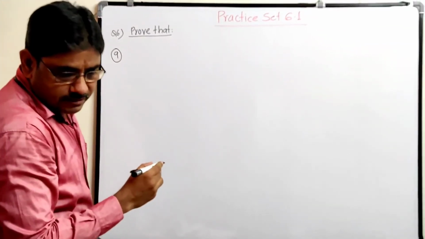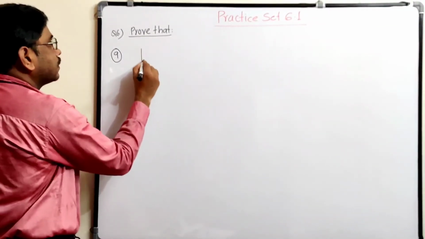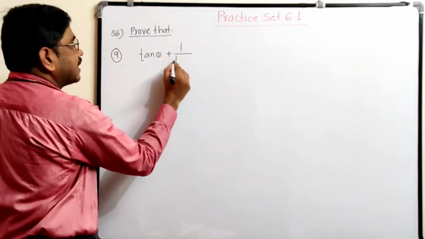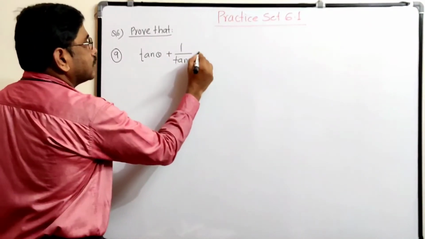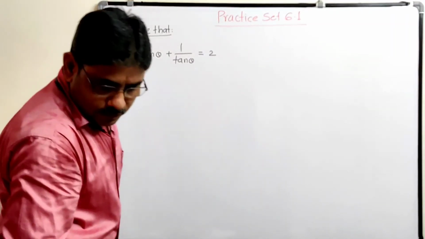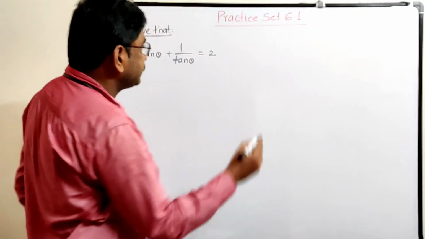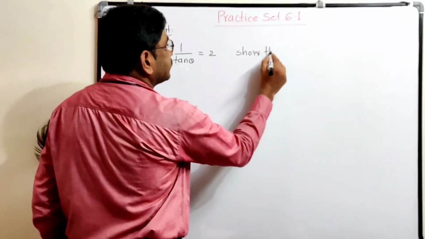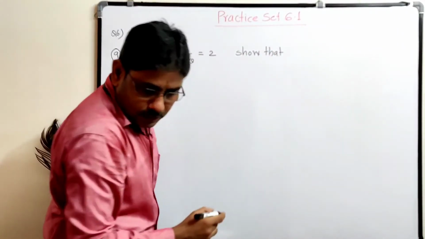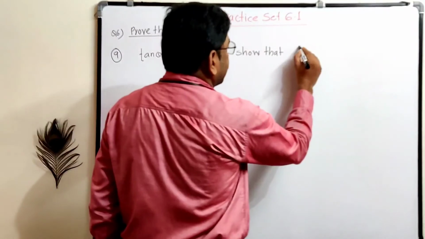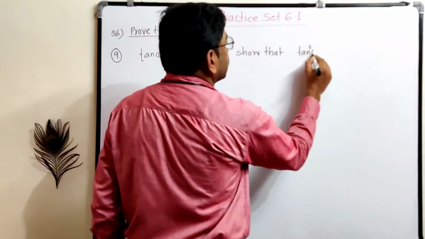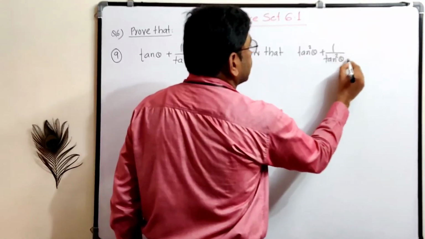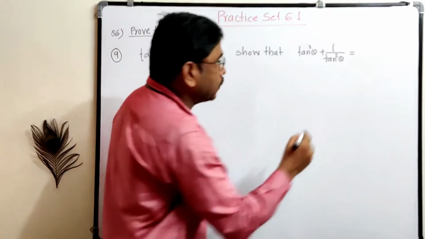In the ninth sum, what is given? If tan theta plus 1 upon tan theta is equal to 2, then show that the value of tan square theta plus 1 upon tan square theta is equal to 2.